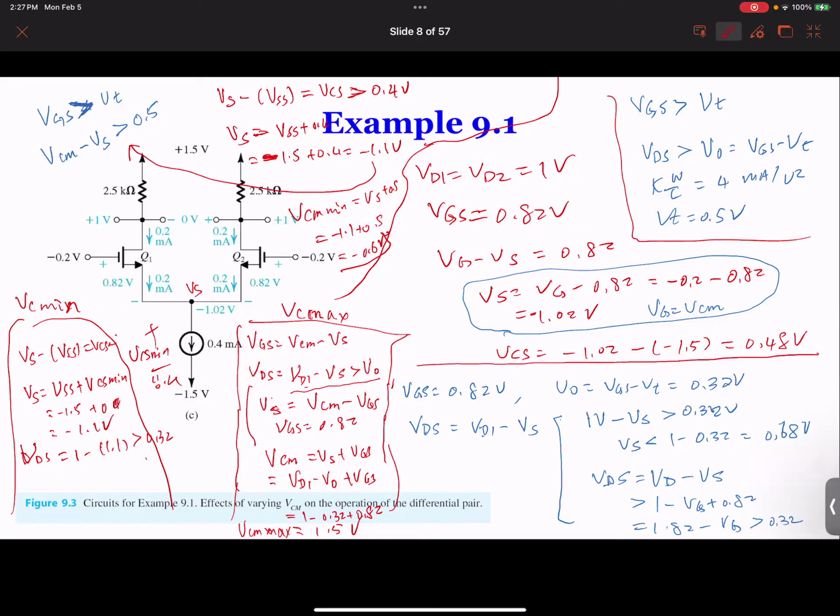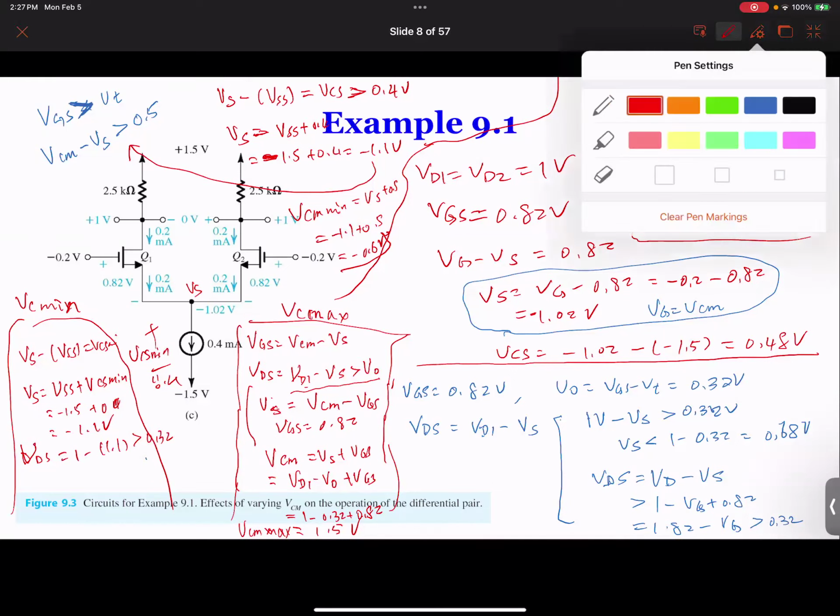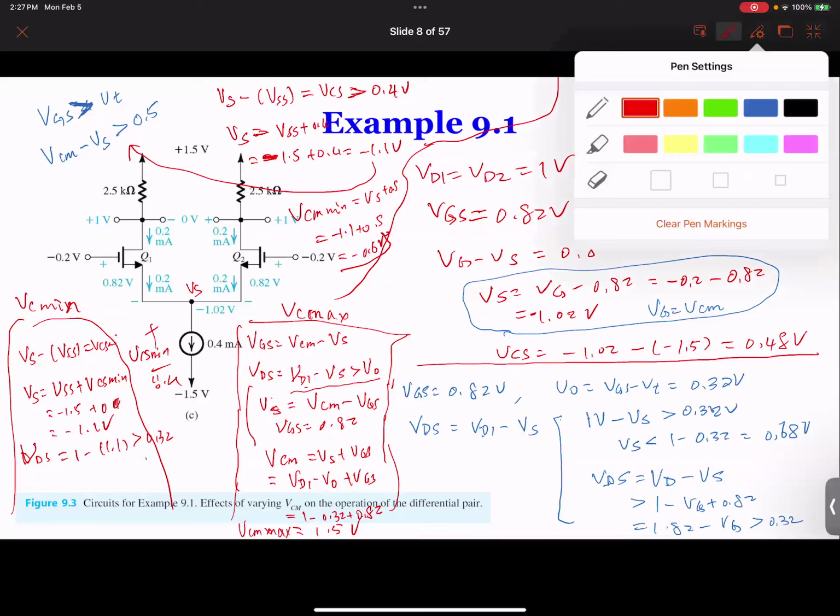VDS has to be larger than... well, no, 0.32 is not given. That's what I commented. 0.2 was given, right?